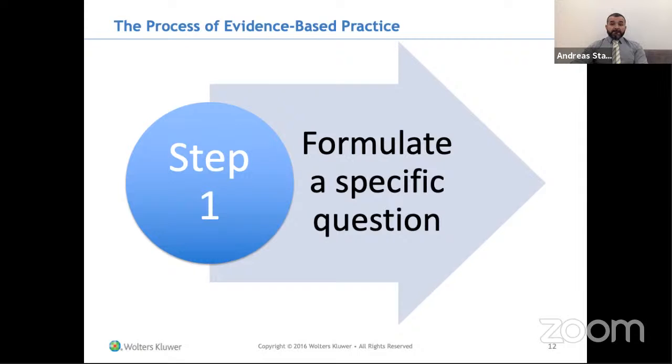Okay, this is the cornerstone of everything. And if the specific question is not accurate, then the whole process is not going to produce the quality of results that you would like or you wish for. So this is very important, similar to doing a research question when you're doing research. But this has to do with evidence-based practice, right?